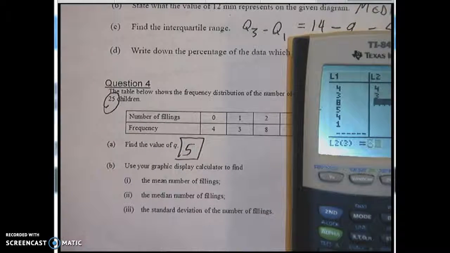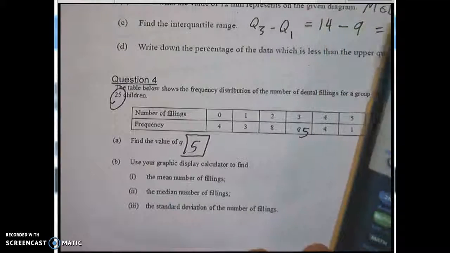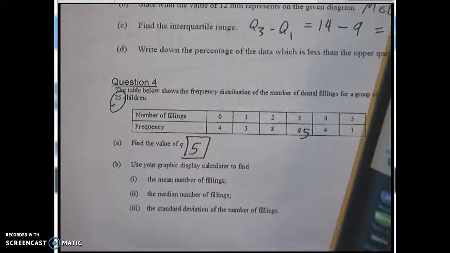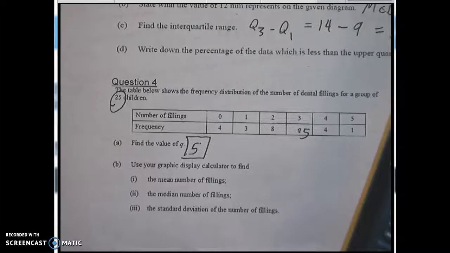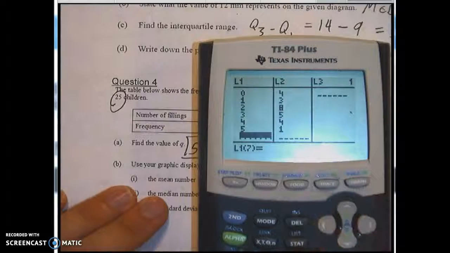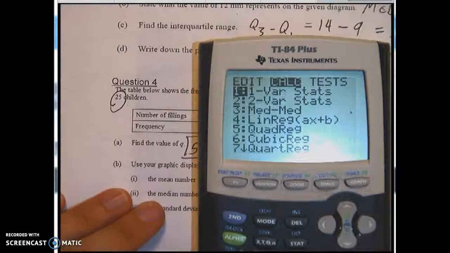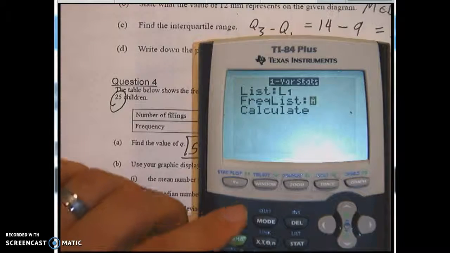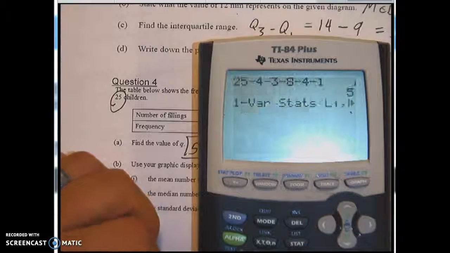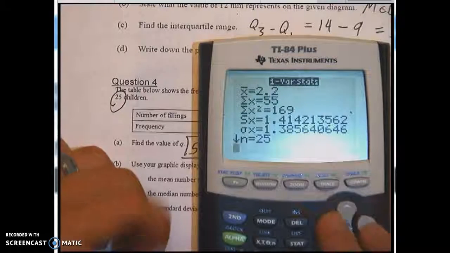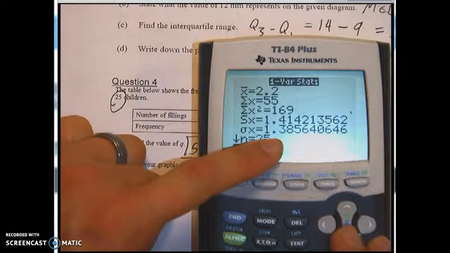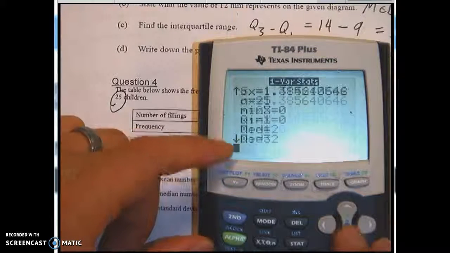I'm supposed to put them in list 2: 5, 4, 1, and these are supposed to be 0, 1, 2, 3, 4, 5. Now that I've got the frequency data in there, I can do stat calc 1. Frequency list is now L2. Calculate the mean of 2.2, standard deviation of 1.39, and the median of 2.